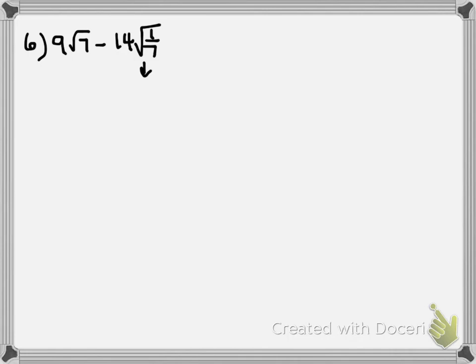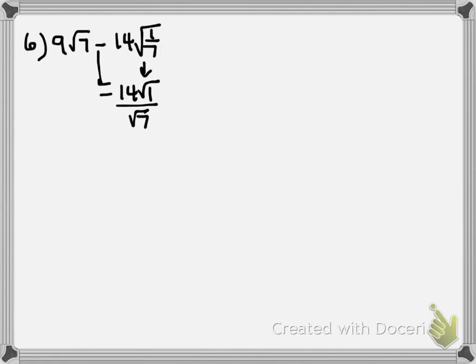Because what I see happens is that kids will take the radical 1/7 and try to rationalize the denominator and then completely obliterate that there was a 14 in the front. So if you continue to keep it in the front, like that, then you won't forget about it, okay? The other thing you might want to do because of the sign is carry along the sign, because that's the other thing I see kids do is that they'll turn this into a plus, okay?